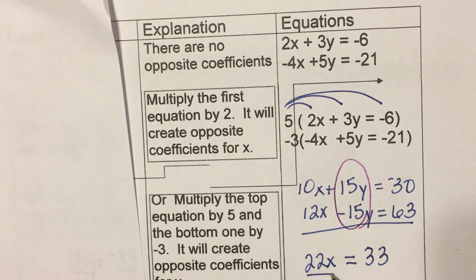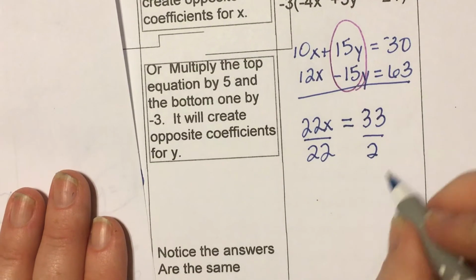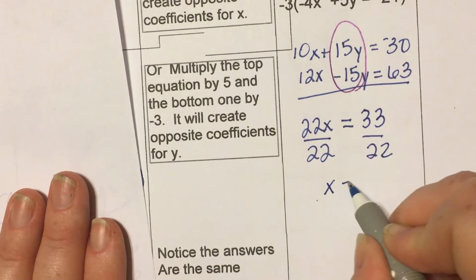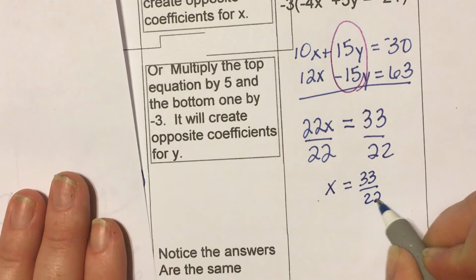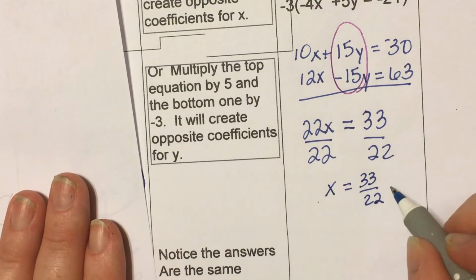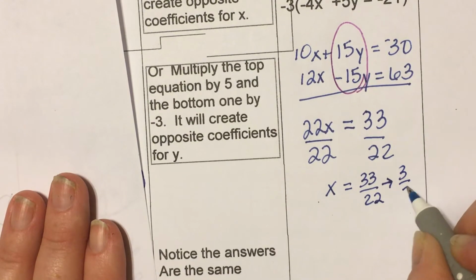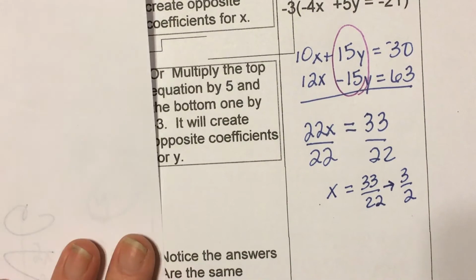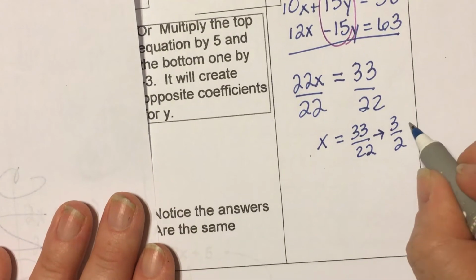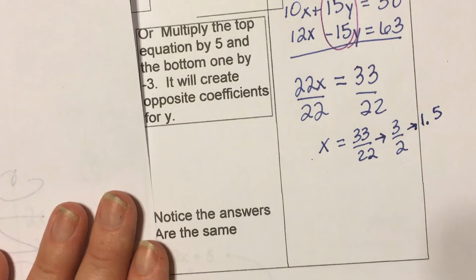And when I divide by 22, ooh, it's looking kind of ugly, isn't it? But guess what? If I do this, I have 33 over 22. I can divide them both by 11 to reduce and be 3 over 2. Oh, that looks an awful lot like my other equation, doesn't it? And then you could also turn that to 1.5.